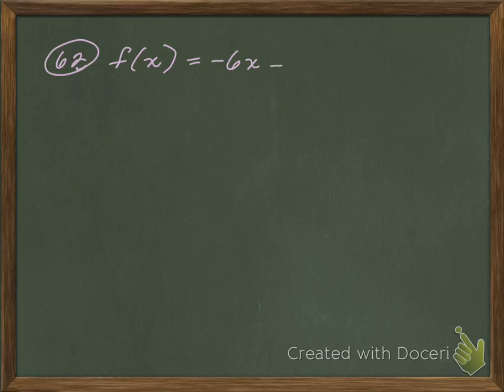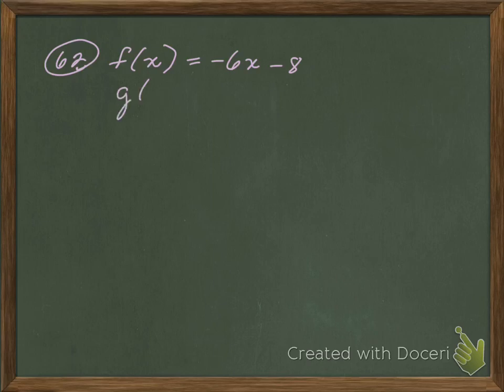All right, one more problem, and then we're done with this section. We're going to take a look at number 62 in your book. Okay, number 62, we have f of x equals negative 6x minus 8, and it says that this function is one-to-one. Write an equation for the inverse. So basically, we need to swap ordered pairs, okay?